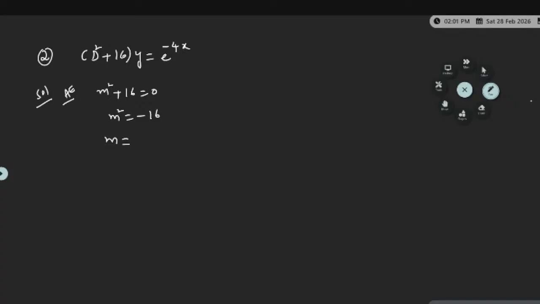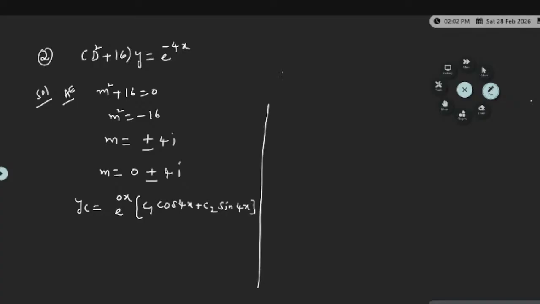Right side is negative. What are the roots? Hello, what are the roots? Plus or minus 4i. What is the real part? 0. Imaginary part 4. What is the complementary function? Tell me. E power 0x, c1 cos 4x plus c2 sin 4x.